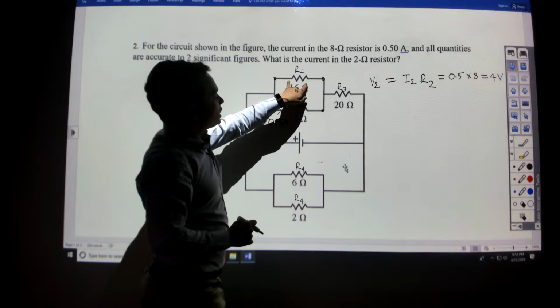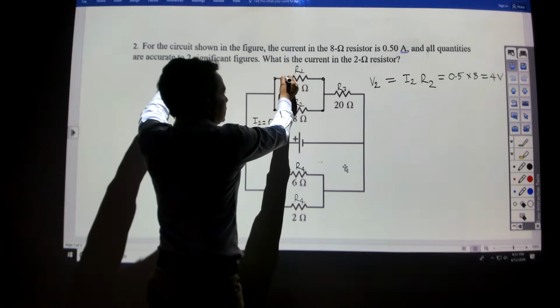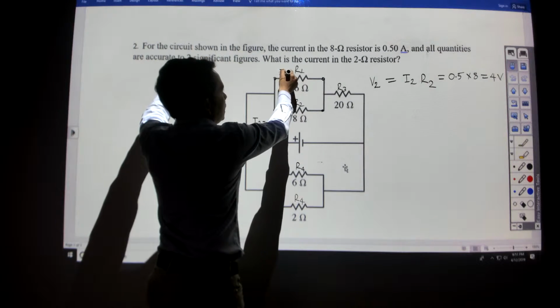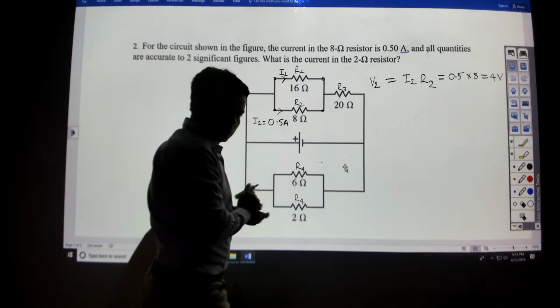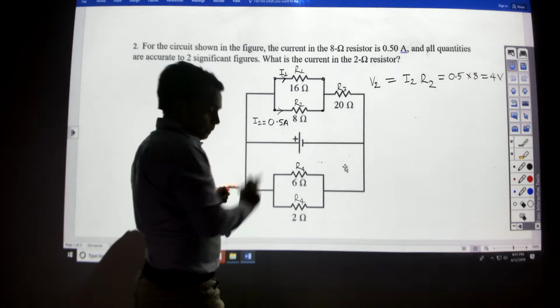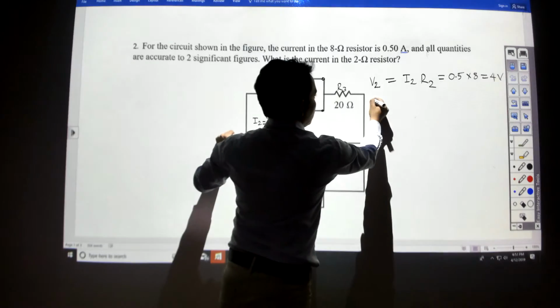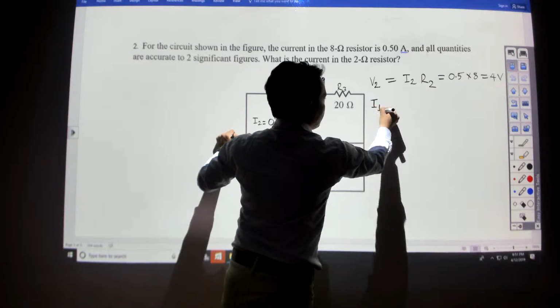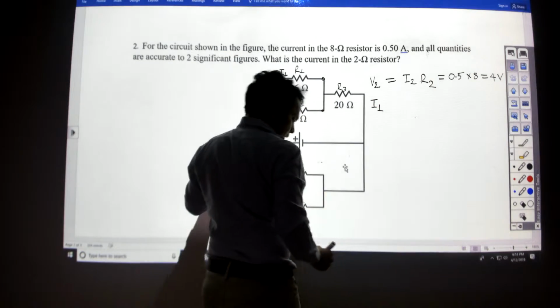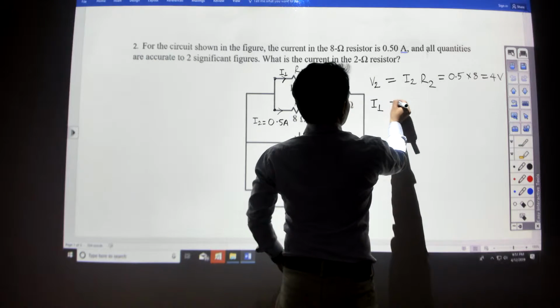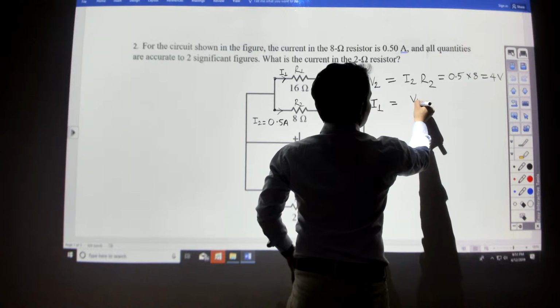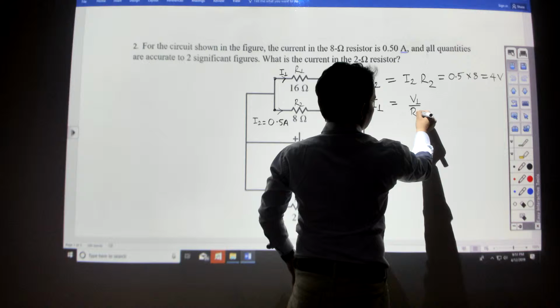So if you know the potential, I can find out the current. Let's call this current I1. How can I find I1? I1 can be given as V1 over R1.